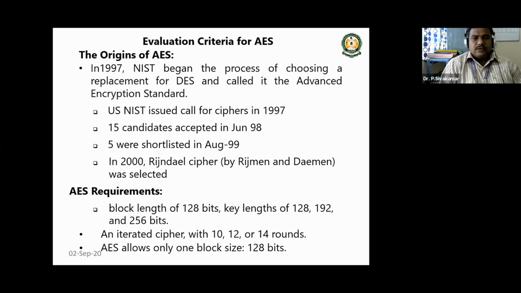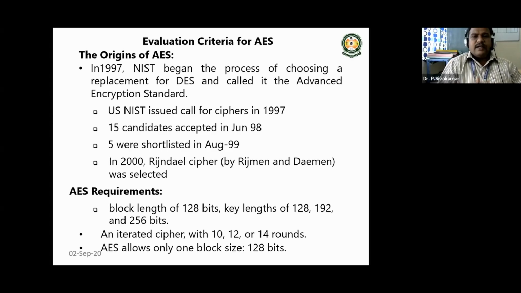So in 1997, NIST began the process of choosing a replacement for DES, because you know it very well, in the year 1997 DES had become breakable. The attacker could attack the DES algorithm to get the plain text without knowing the key.